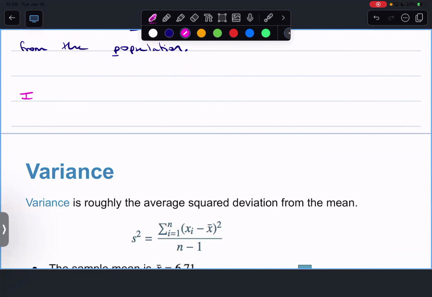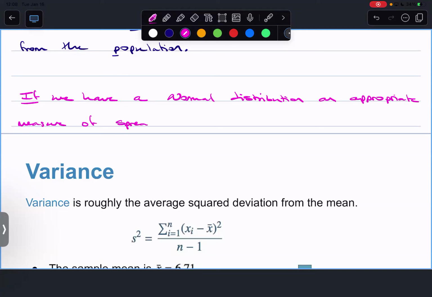They're related, so I'll start it here. Again, if we have a normal distribution, an appropriate measure of spread is the variance, and then I'll follow it up with the standard deviation.